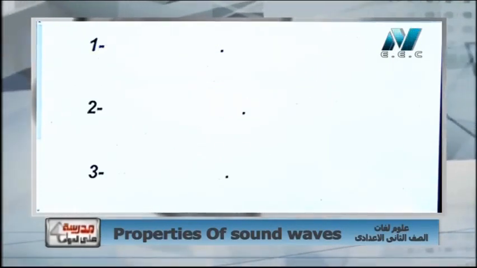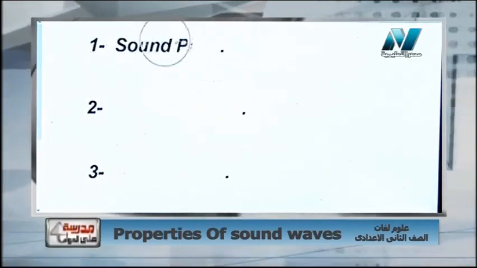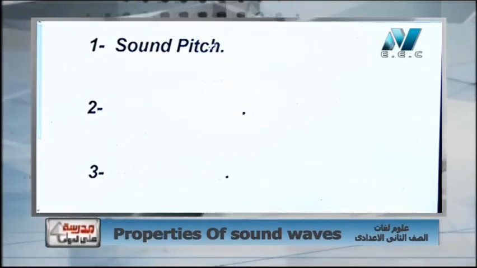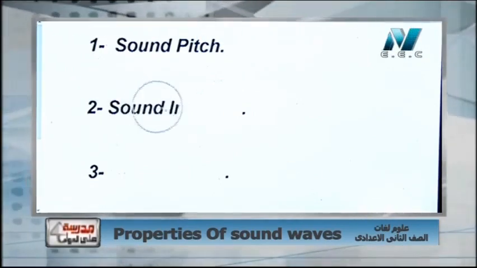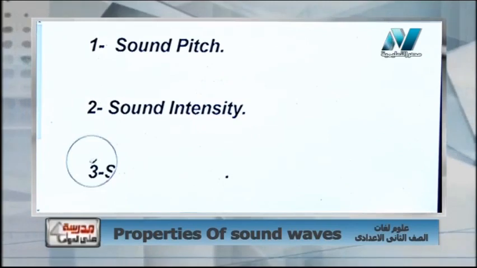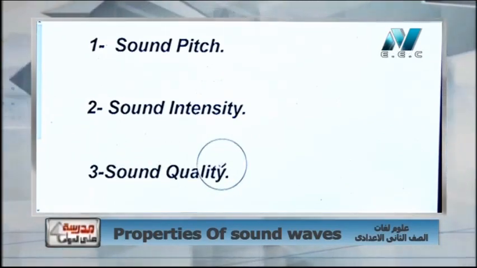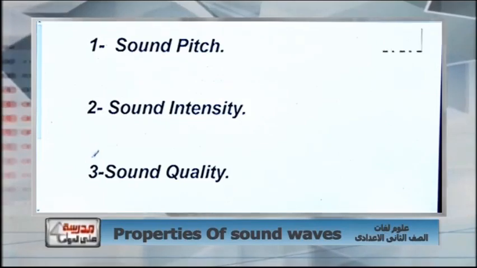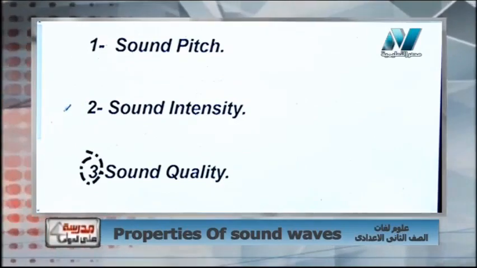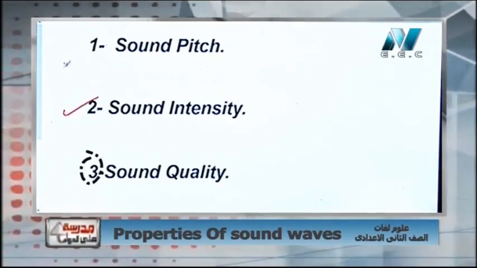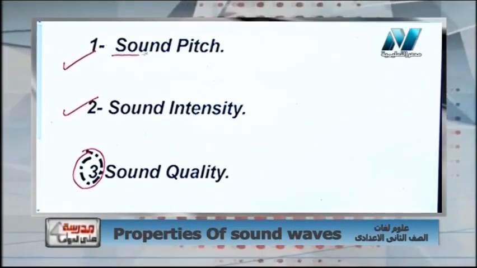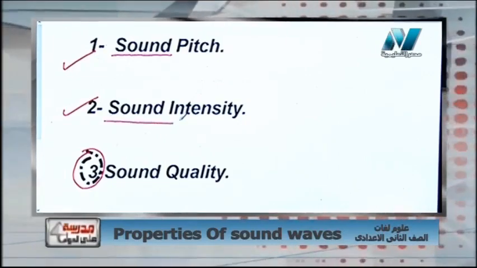The first property is sound pitch, which is how sharp the sound is, whether it is thin or thick. Number 2 is sound intensity, the strength of the sound, whether strong or weak. Number 3 is sound quality, which we use to differentiate between sounds that are equal in intensity and equal in pitch. Number 3 we will study after we know how to deal with sound pitch and sound intensity.